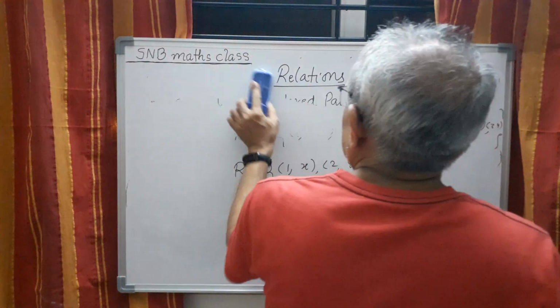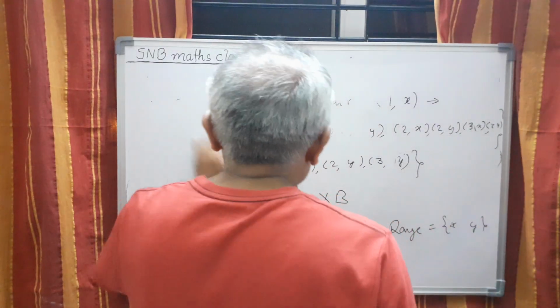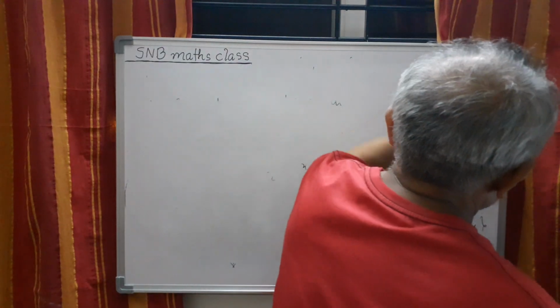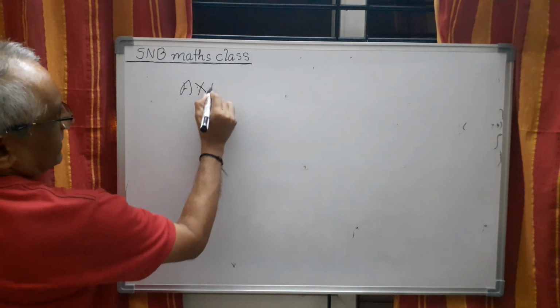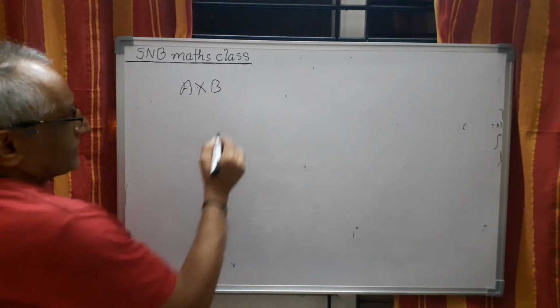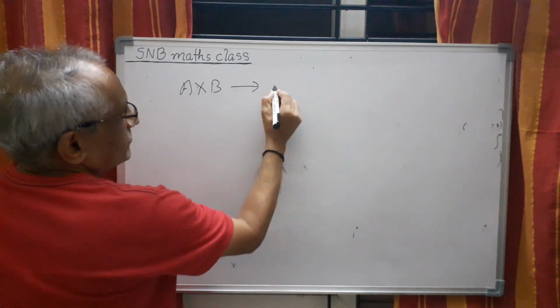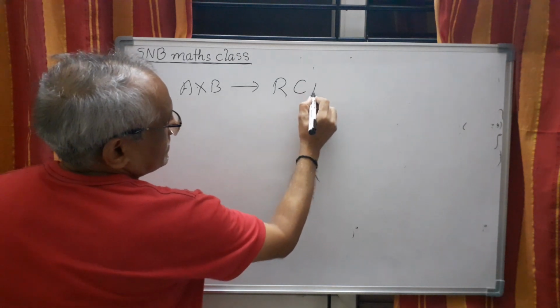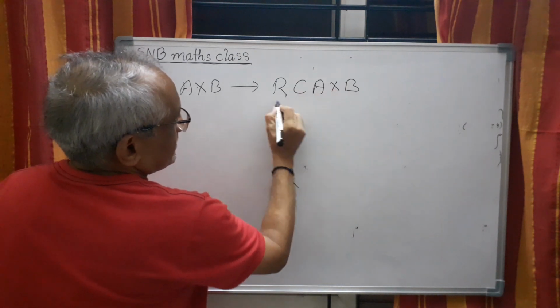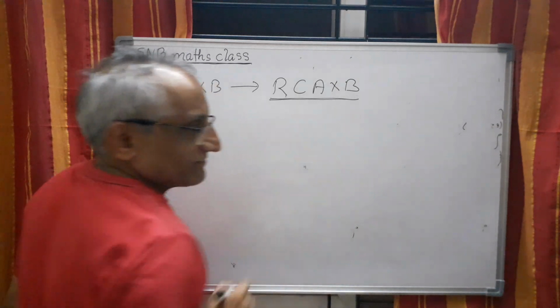Then we studied two important or two extreme cases. For example, you take any set A cross B, that is the cross product. From this you take a set R, which is a subset of A cross B. This is called the relation. That is our definition.